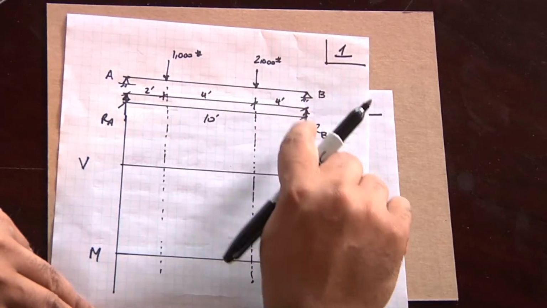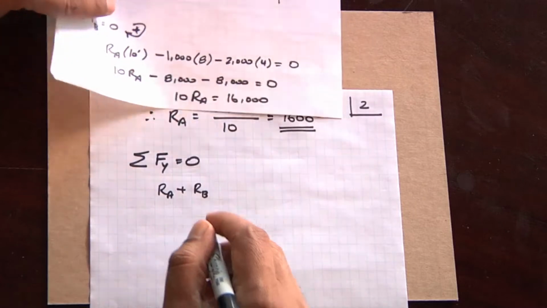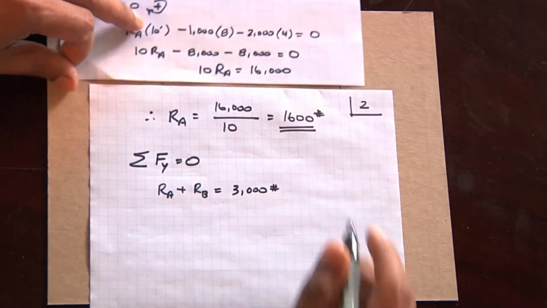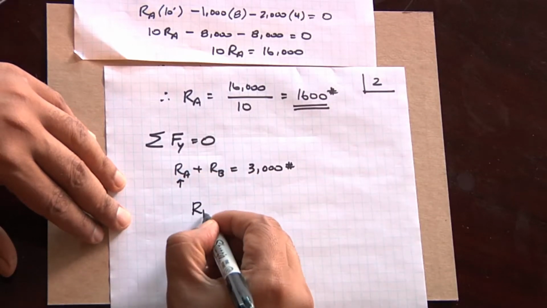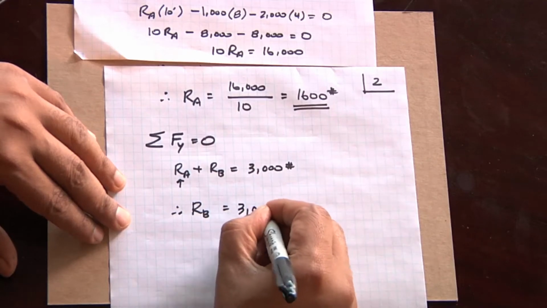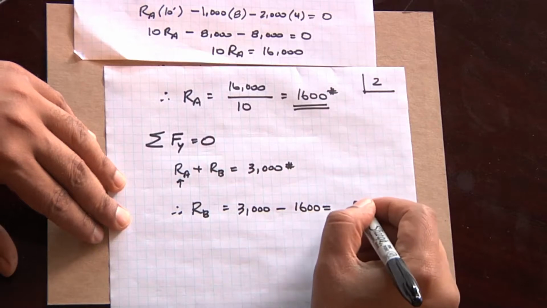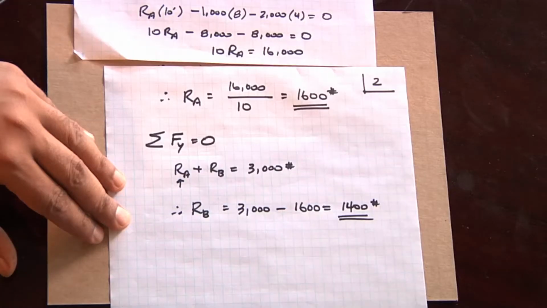The vertical forces going up must equal the forces going down. So RA plus RB must equal 3,000. Which tells us, since we already know RA, that RB is 3,000 minus 1,600, which is 1,400 pounds. So now we have the reactions.